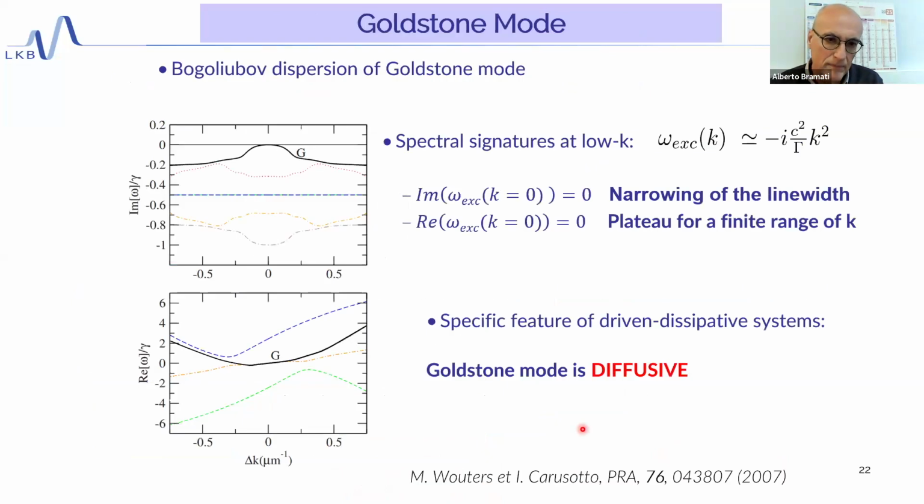what they predicted is in particular the observation of the Bogoliubov dispersion of this Goldstone mode, so the spectral signature of the Goldstone mode.